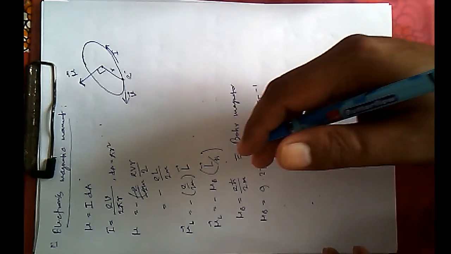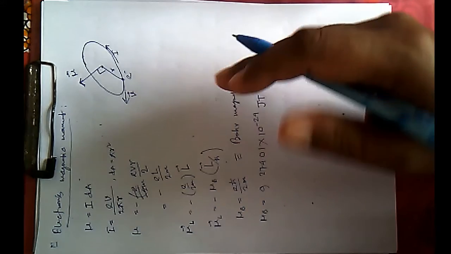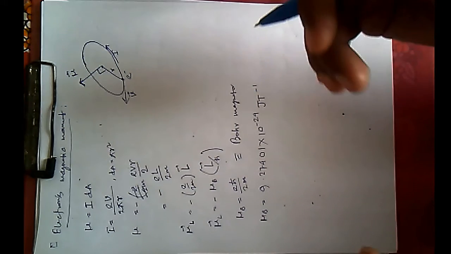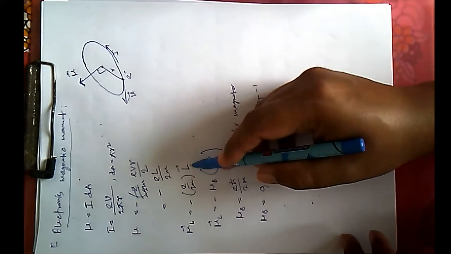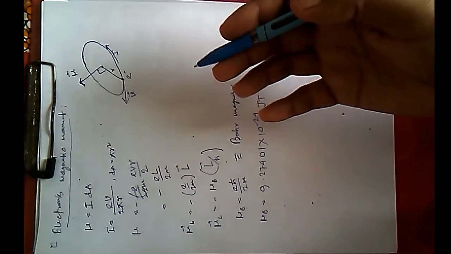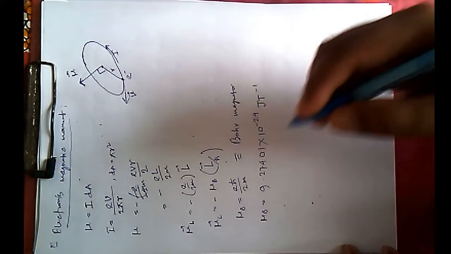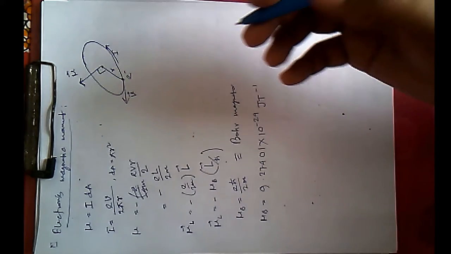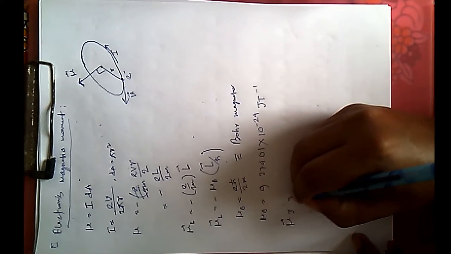Now we will talk about the total angular momentum. Later we will clarify why it is total, and why this L is just the orbital angular momentum. If J is the total angular momentum, I can define mu_J.